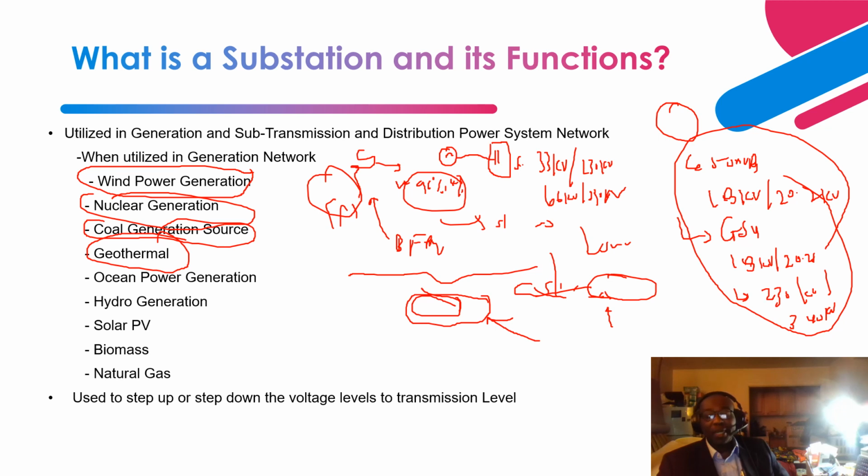The revolving magnetic field impinges on the stator, and that's how voltage is generated at the terminal, right? So at the switchyard of this geothermal power plant, similarly, you have an output from the generator, and it goes through a generator step-up transformer that steps the voltage from 80 kV to 230 kV or 345 kV transmission level voltage.